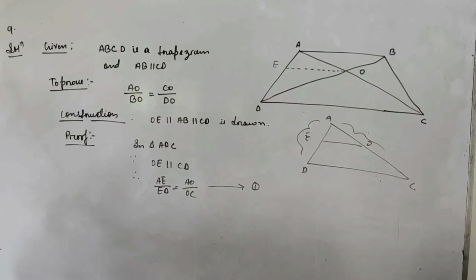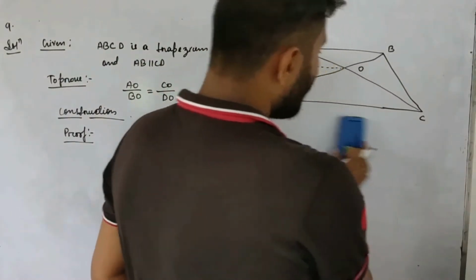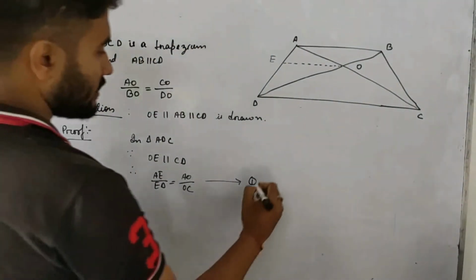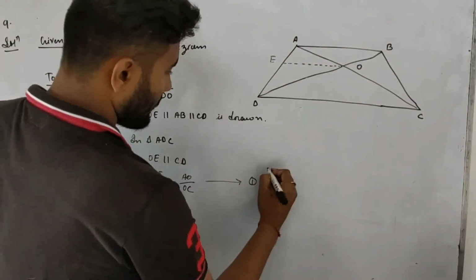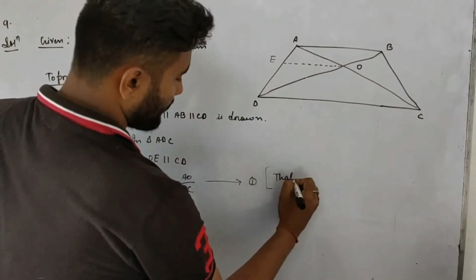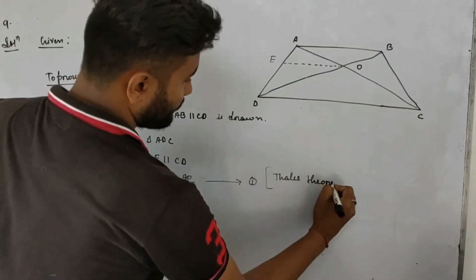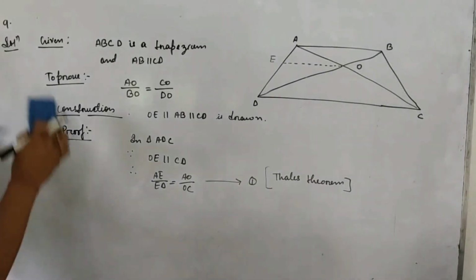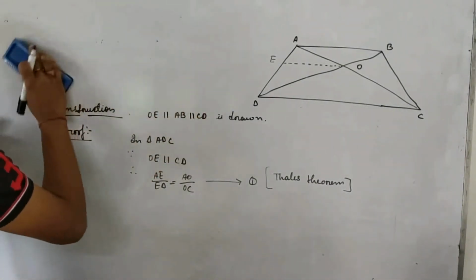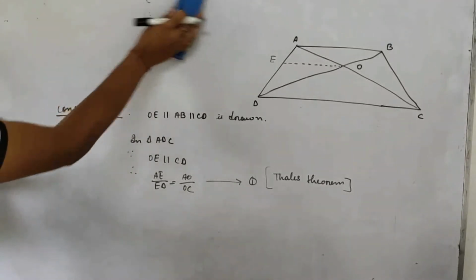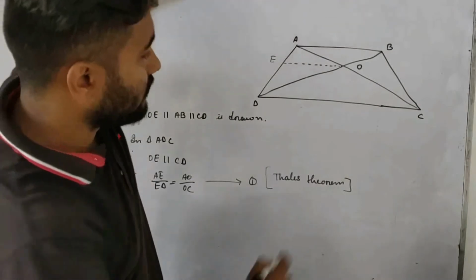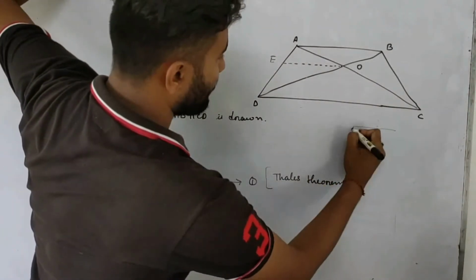AE by ED is equal to AO by OC, by Thales theorem. Again, there is one more triangle in which this parallel is lying. Which triangle? This upper portion triangle, you see, this one.